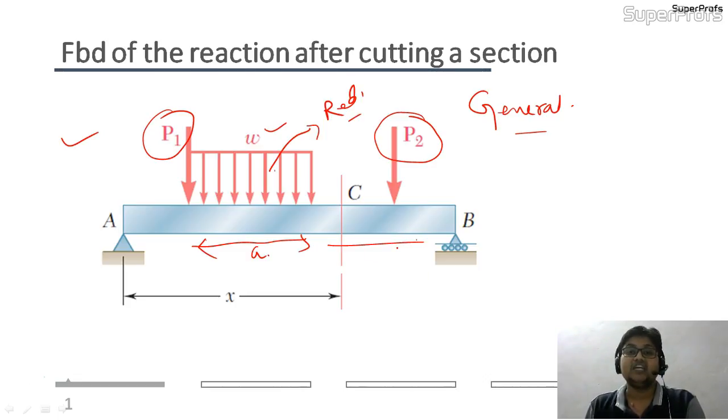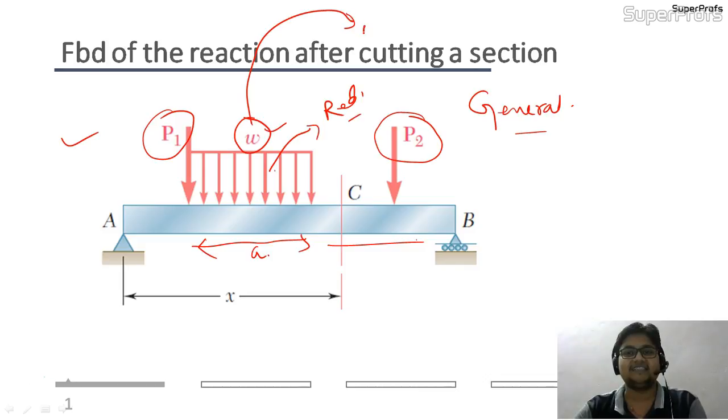So there are three types of forces present: P1 and P2, both of which are concentrated loads, and W, which signifies the loading intensity. I had told you earlier also, whenever we talk about uniformly distributed load or uniformly varying load, we assign a loading intensity.